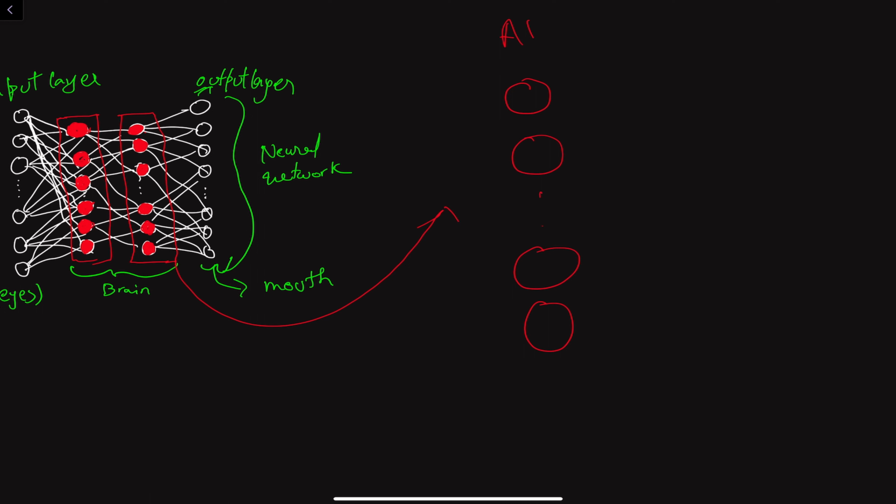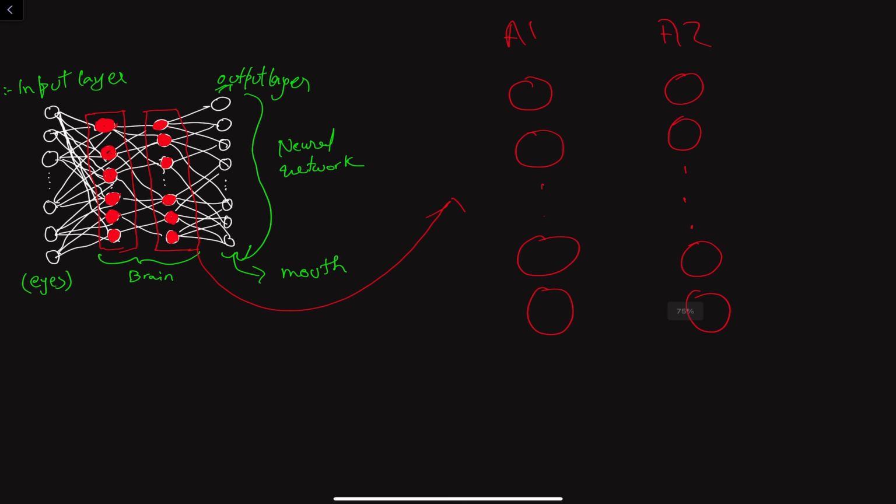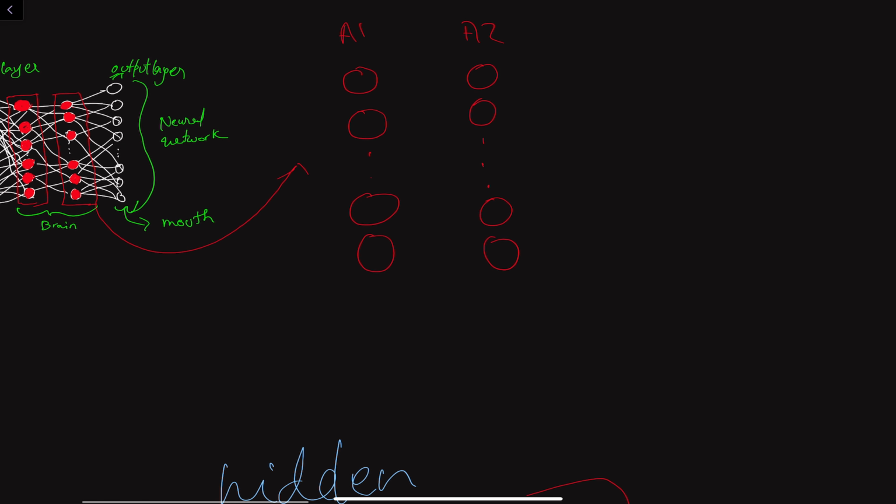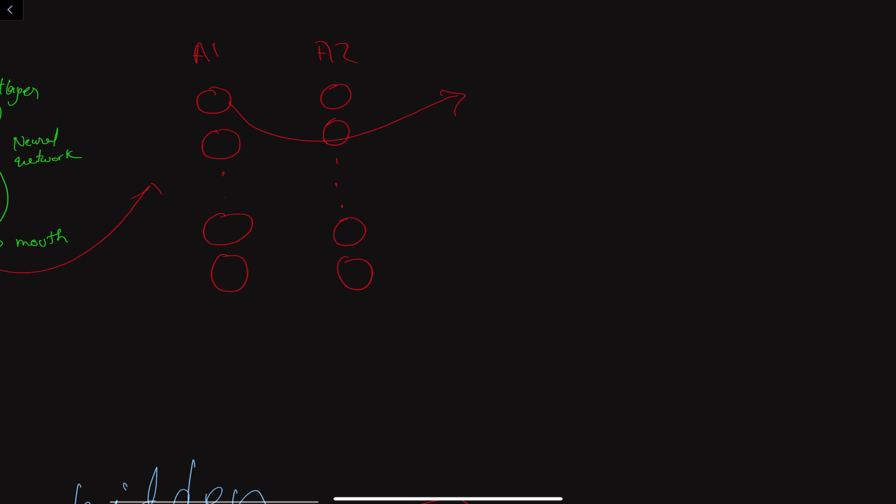So let's look at what the first node in the first hidden layer is looking for. Let's call this the first hidden layer A1 and A2. Let this be the second hidden layer. We can say that this node right here is looking for a pattern in the image, okay?